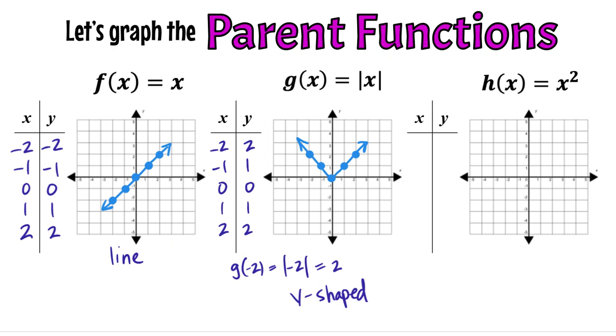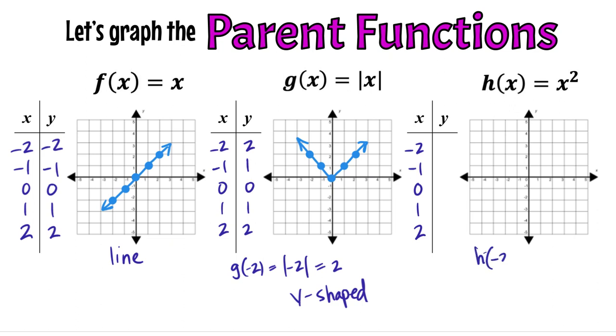The last parent function we're going to graph today is h of x equals x squared. So we're going to plug those same values again into our table for our domain, -2, -1, 0, 1, and 2. And whatever we plug in, we are going to square. So something to remember when we square x is that all of x is being squared.